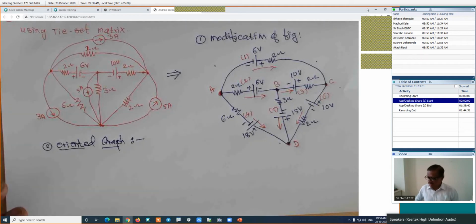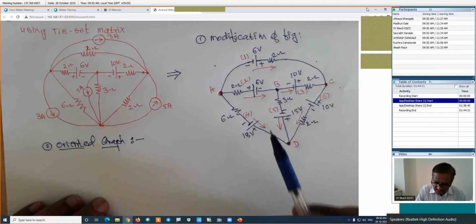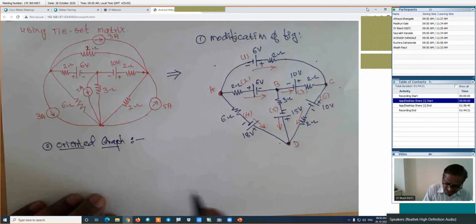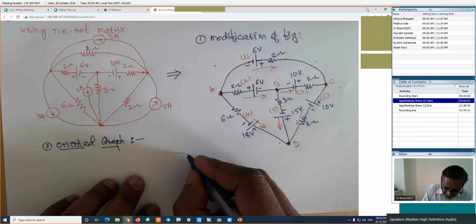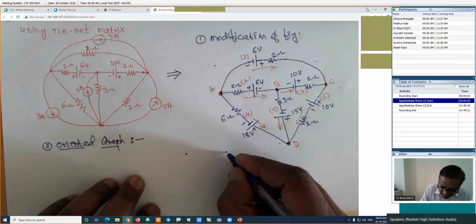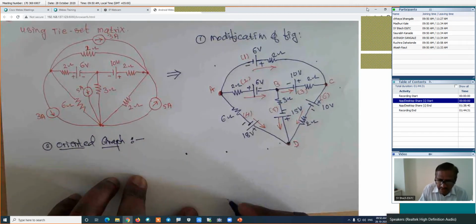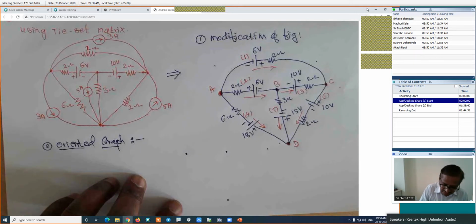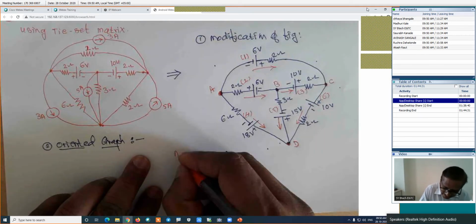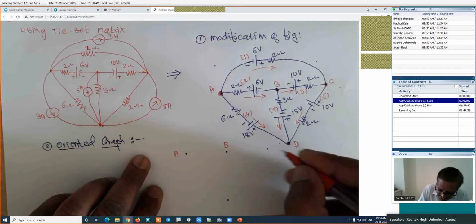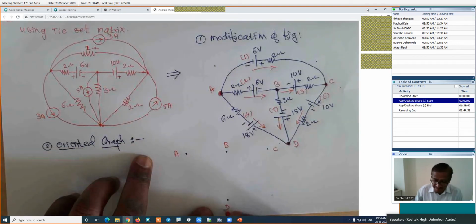Now look at the procedure for drawing the graph. Here we have 1, 2, 3, 4 nodes. I will give names to the nodes. This is node A, this is node B, this is node C, and this is node D.